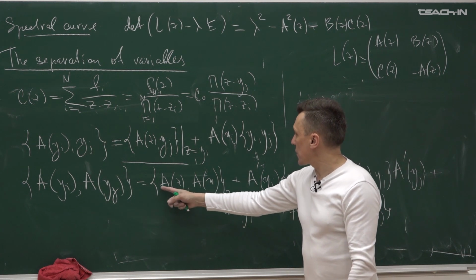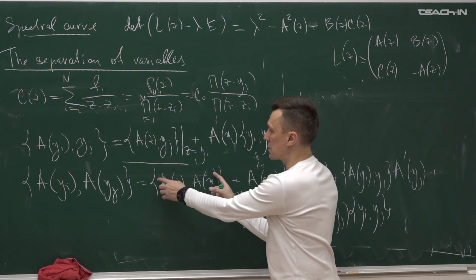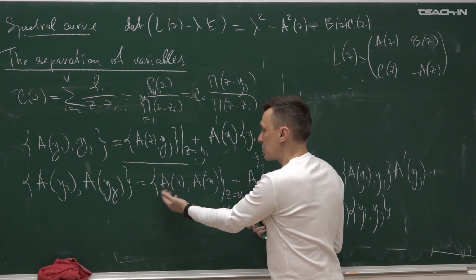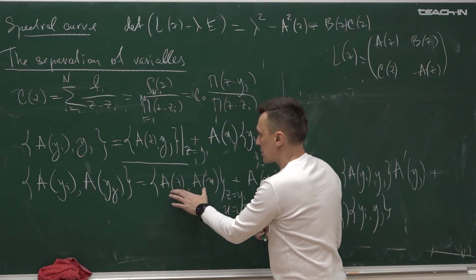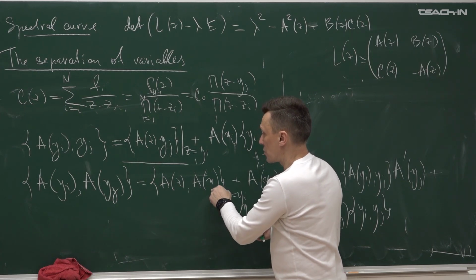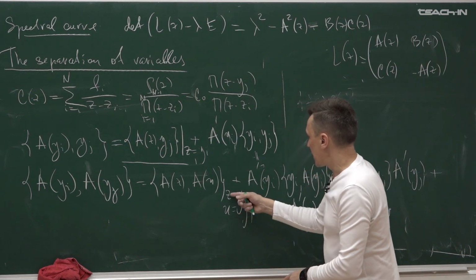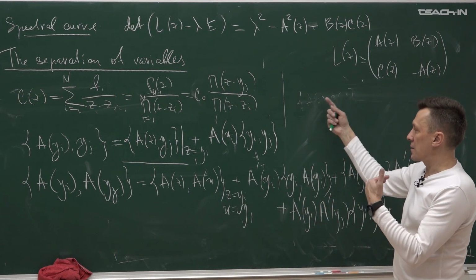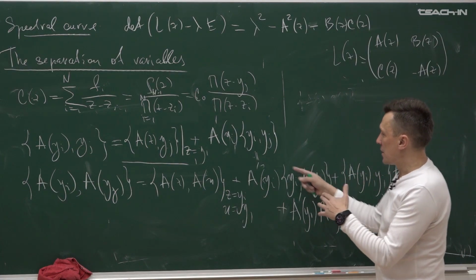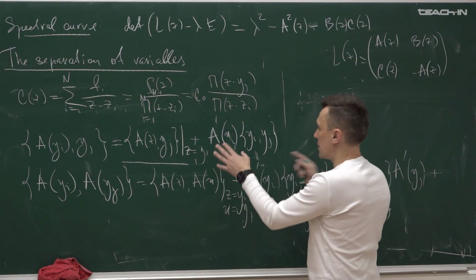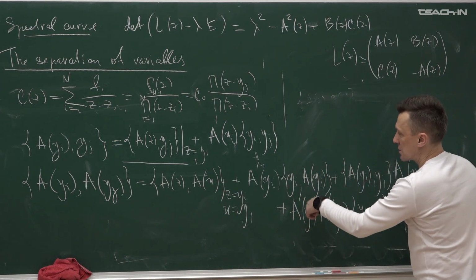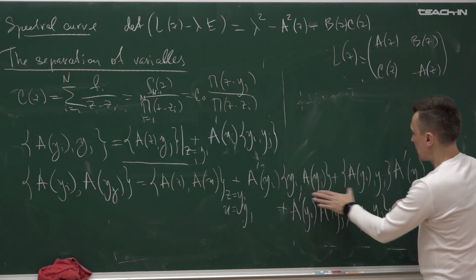Firstly, I consider the Poisson bracket between coefficients of these functions. So I calculate this Poisson bracket as a function of independent, non-dynamical variables, and then substitute the dynamical variables. And then I calculate the Poisson bracket between the value and the coefficients of the other function. It is this expression.